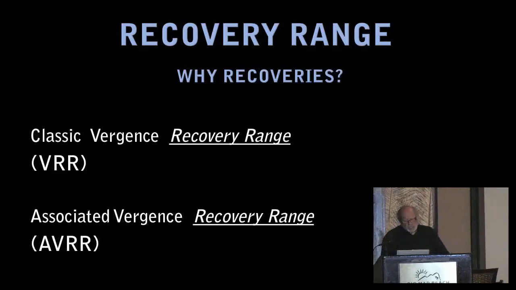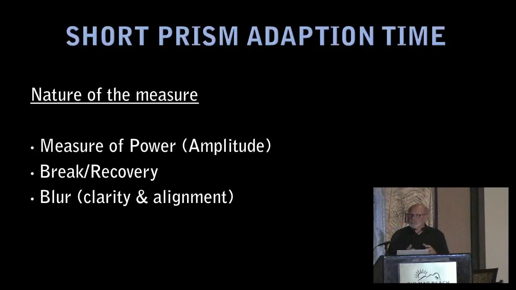So when I do these measures, I am measuring the relationship between the recovery of diplopia and clarity and the recovery of alignment through disparity and clarity. And you'll see this indicated: one I relate to as the vergence recovery range, and the other I refer to as the associated vergence recovery range.